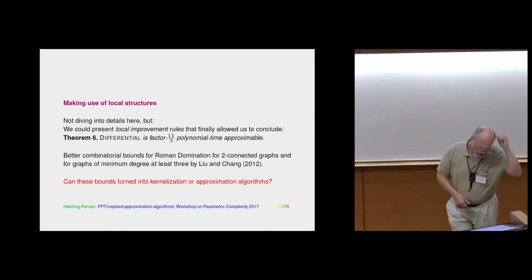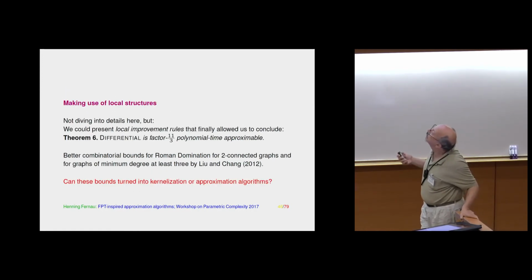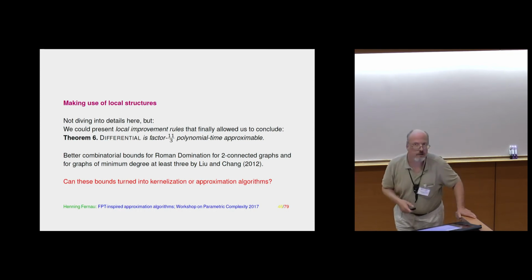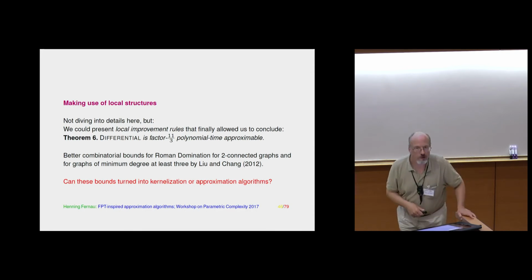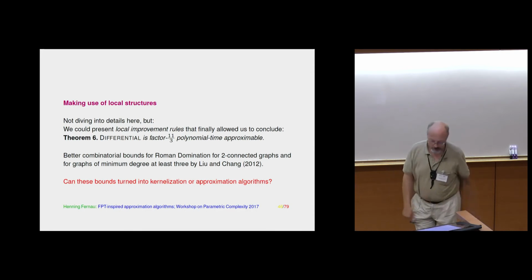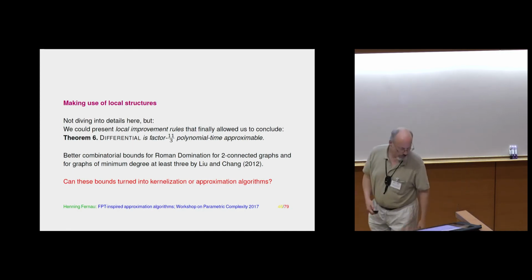I didn't look them up once more for graphs which have minimum degree of at least 3, and also for 2 connected graphs. And maybe with some more efforts, one can use this for better kernels or for better approximation algorithms. So we didn't venture into that too much, but at least this is one thing you can do.